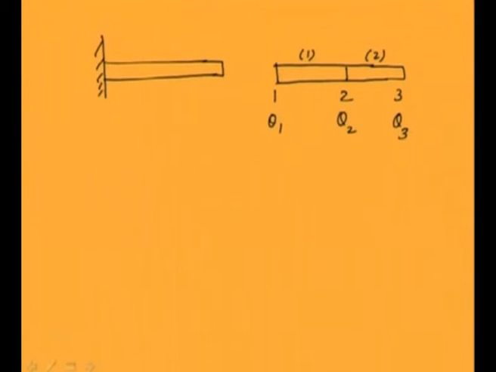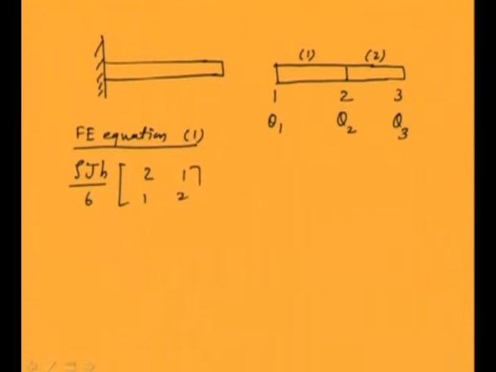Now we can write the finite element equation for element 1 like this. This is the mass matrix, and you can see for element 1 there are theta 1 and theta 2 as displacements.